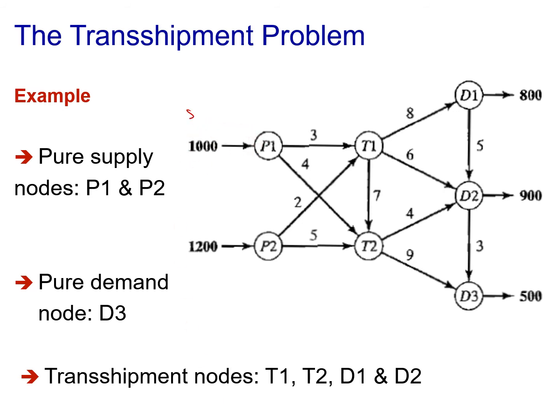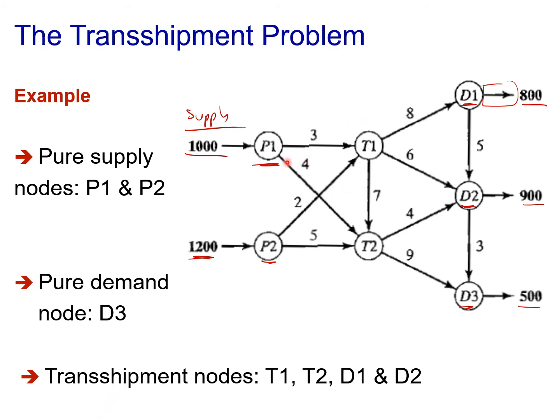So the supply amount in node P1 is 1000, and the supply amount in P2 is 1200. And an outward arrow means it's a demand. As you can see, the demand of D1 is 800, the demand of D2 is 900, and the demand of D3 is 500.